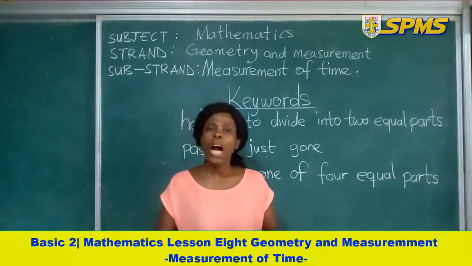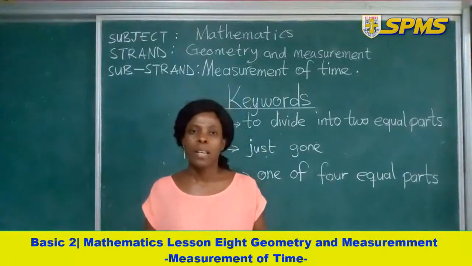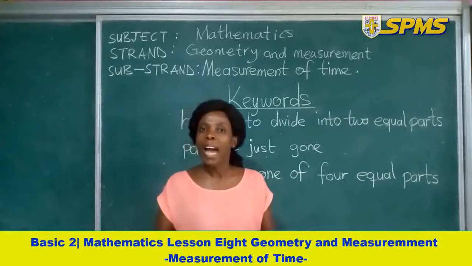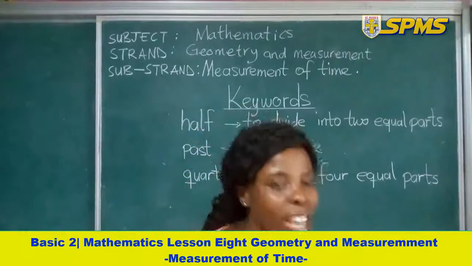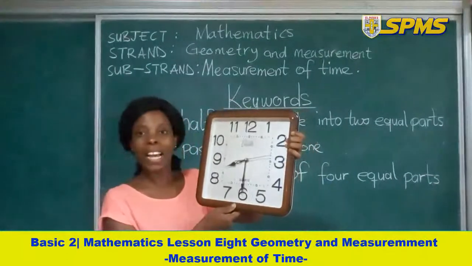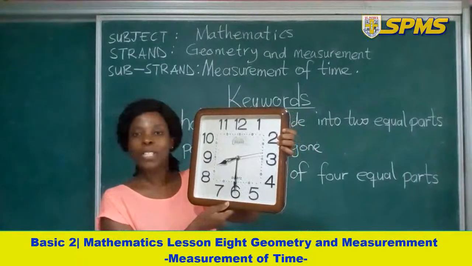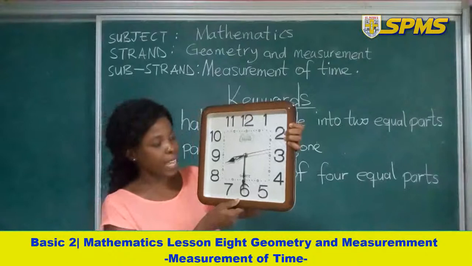So how do we tell time? What happens before we say an hour has gone by? I'm taking my analog clock again. How can you tell when an hour has gone by? So now our time is 8:30.